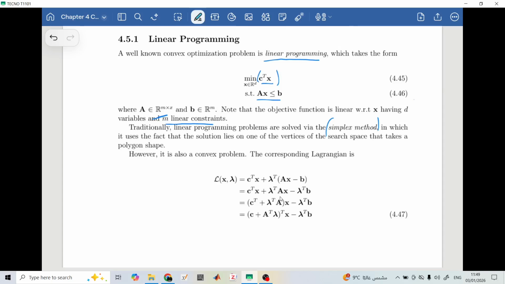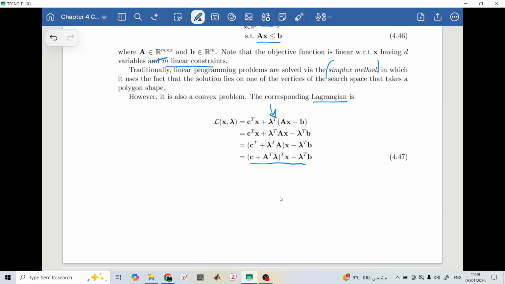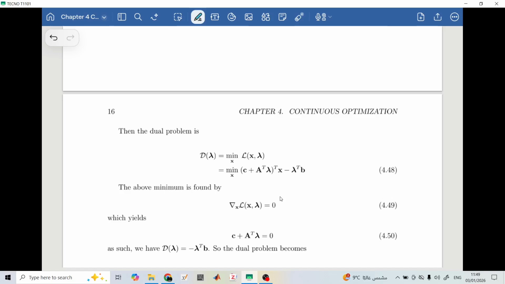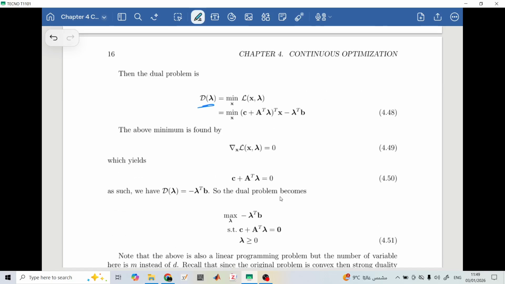As we used to do earlier, we find the Lagrangian. We include the Lagrange multiplier, then simplify or rearrange it, and we find the dual problem. This is our dual problem here. It can be found by taking the gradient with respect to x and setting it to 0.